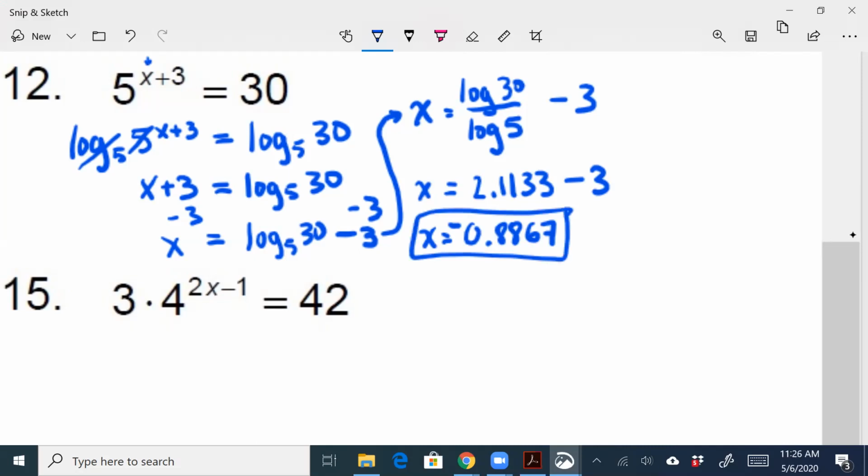So if I take 5 and raise it to the power of negative 0.8867 plus 3, sorry, putting this in my calculator, it does come out to 30. So that works.